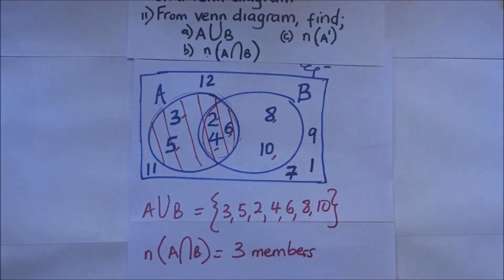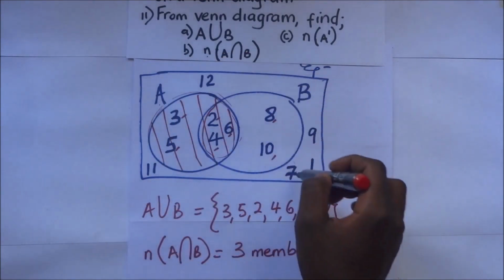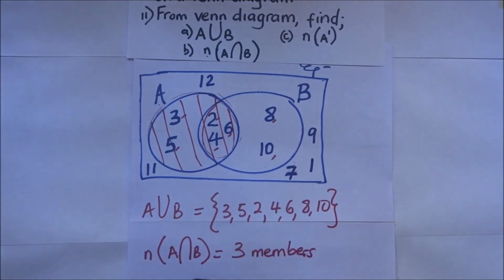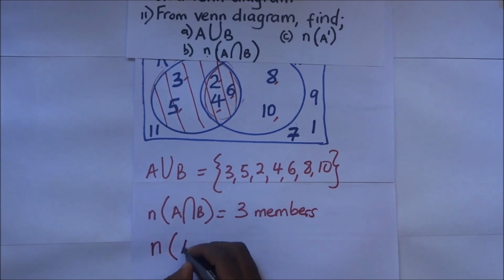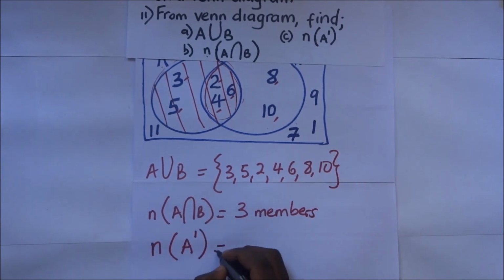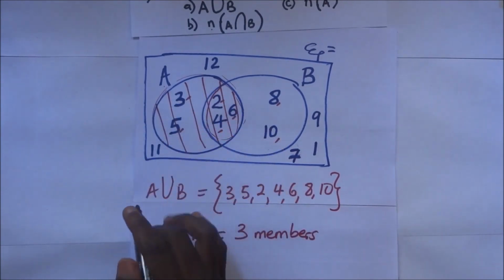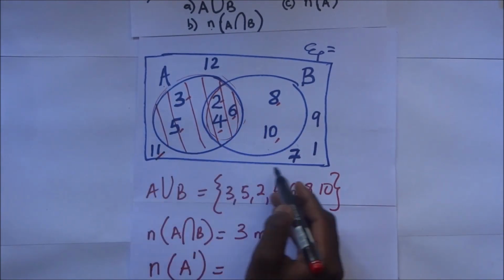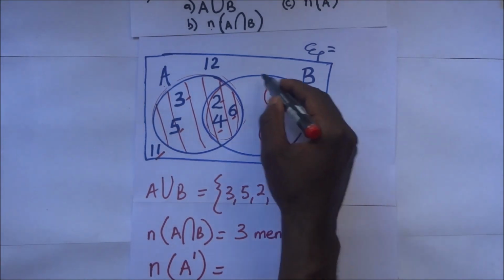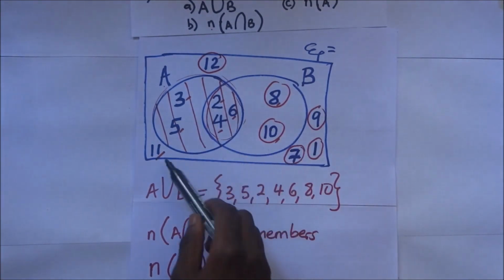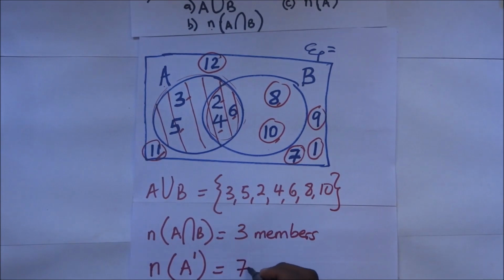Now when they say set A complement, they mean anything that is outside A. So the number of members in A complement are, we shall count whatever is outside A because that is what represents A complement, and that will be 1, 2, 3, 4, 5, 6, 7. So there are 7 members that are outside set A. So those are 7 members.